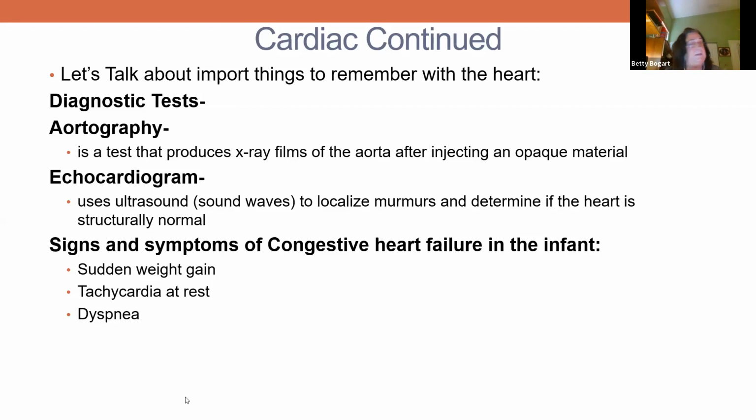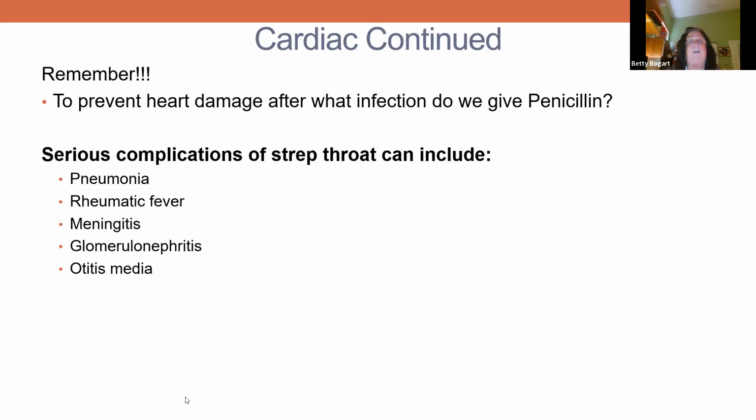So you're going to be seeing a really sudden weight gain. That's why in the hospital, we are weighing these children every day on the same scale, hopefully. And because it's trying to pump over all of this congestion, it's going to be tachycardia when they're sleeping and dyspnea when they're sleeping because the baby's trying so hard. This kid's not going to be able to eat.